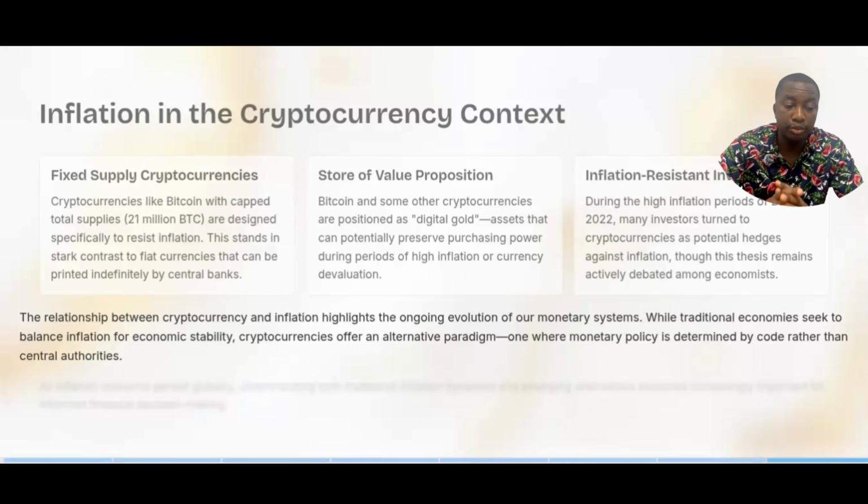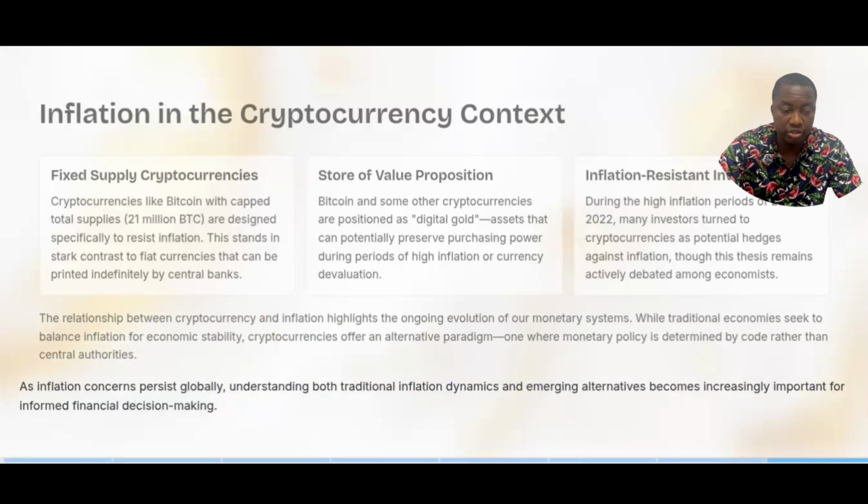The relationship between cryptocurrency and inflation highlights the ongoing evolution of our monetary systems. While traditional economies seek to balance inflation for economic stability, cryptocurrencies offer an alternative paradigm, one where monetary policy is determined by code rather than central authorities.